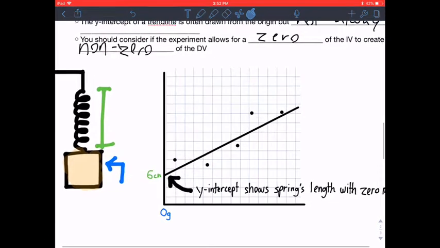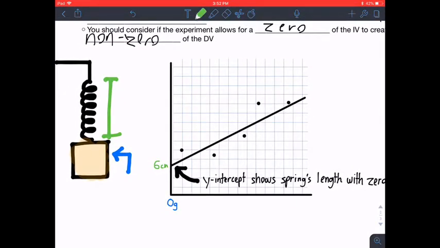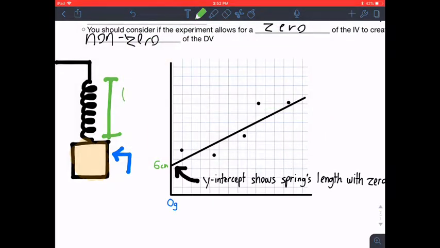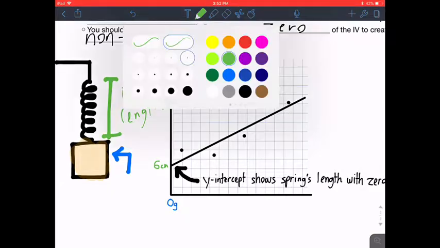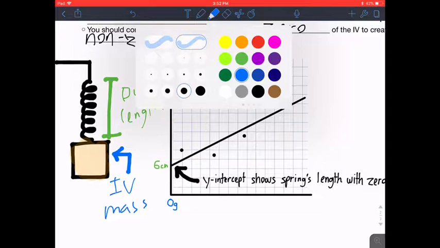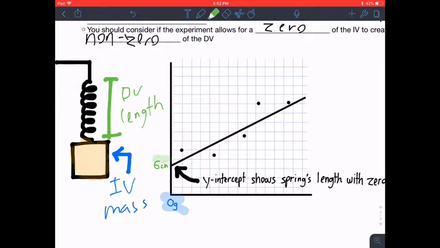Whereas in the case of this experiment that I'm drawing over here, I have the dependent variable being the length of this spring, and the independent variable is the mass. Well, if I had a mass of 0 grams, I probably still have some length to my spring. It's probably about, in this case, a 6 centimeter spring, even if you don't hang any weight on it.